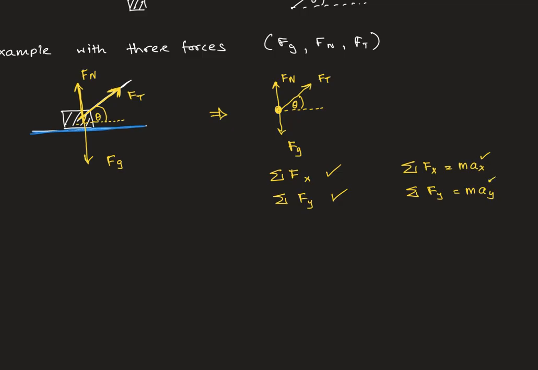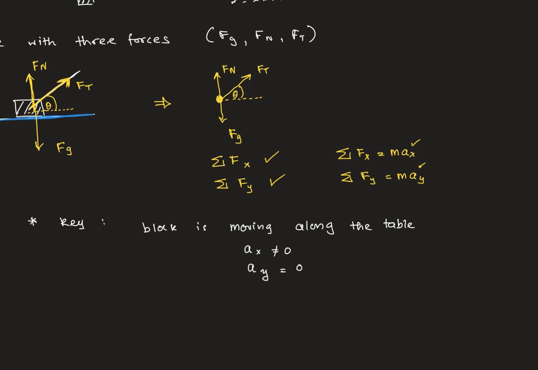Now this is a key point. If the problem says that the block is moving along the table, it's not going anywhere but along the table. Then you can have a non-zero acceleration along the x direction, but it is definitely not moving along the y direction, not going upward, therefore you can say Ay equals 0.